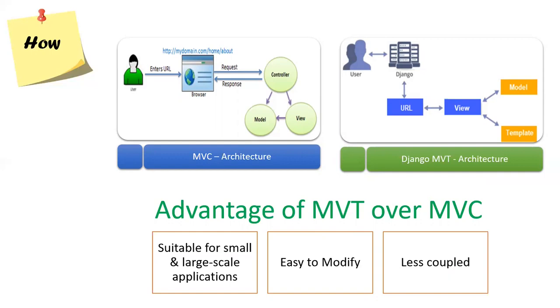They give a request and take a response, and model and view are coupled with the controller and give the response to the user. Django is a slightly modified MVC architecture. It's not actually MVC, it's MVT, model view template. It doesn't have a controller, instead it has a URL.